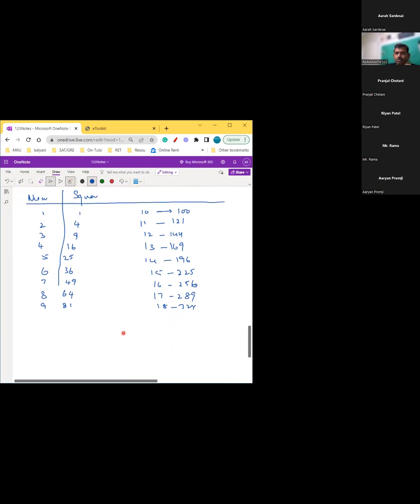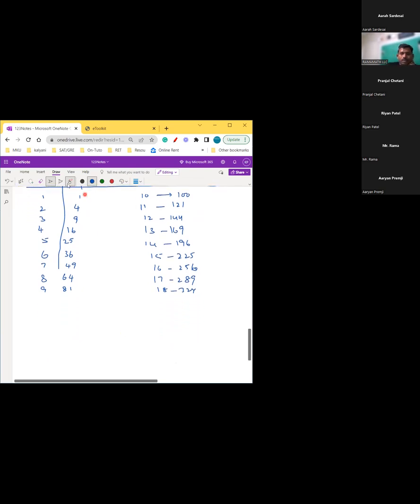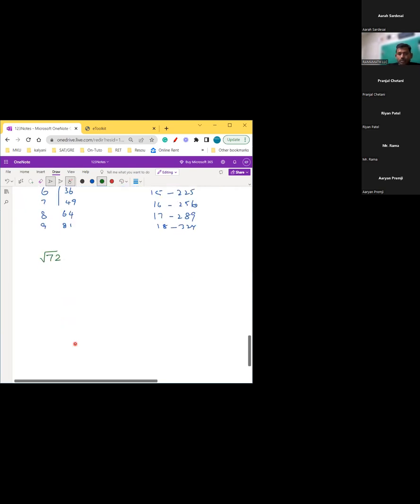Now, when it comes to radicals, sometimes you see a question like radical 72. This one is not a perfect square root. Okay, 72 is not a perfect square. Let's say if I find the square root of 81, that's 9, easy. But this one is not.